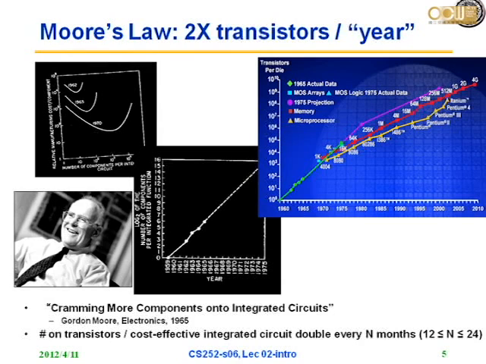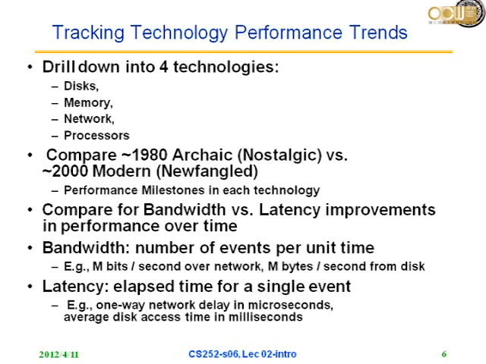That's the so-called Moore's law. Cramming more components onto integrated circuits, stated by Gordon Moore in 1965: the number of transistors in a cost-effective integrated circuit doubles every 18 months. And this law has been valid for over 40 years, even until today. That's Moore's law.